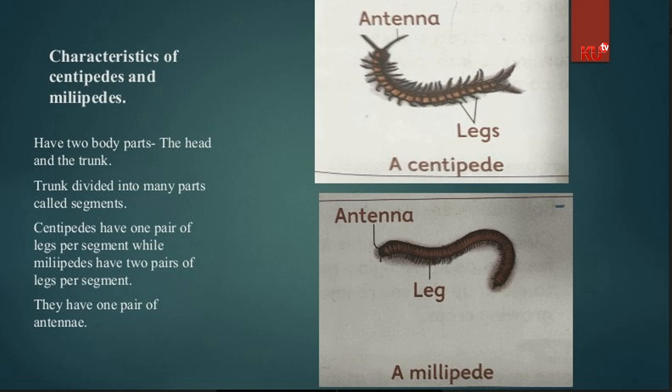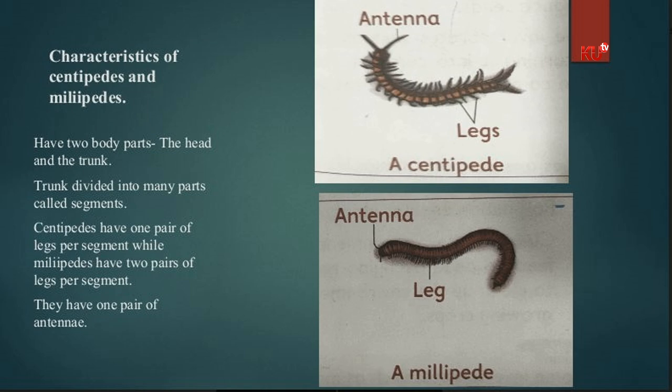And the trunk of a centipede or millipede, as we can see on our diagram, is also divided into many other small parts. And these small parts are called segments.